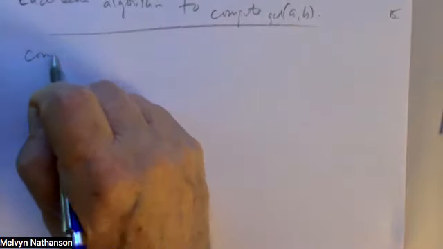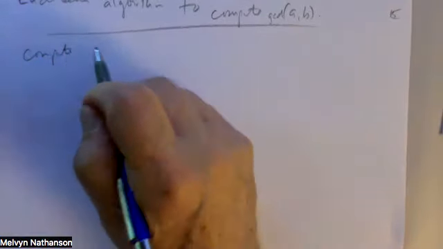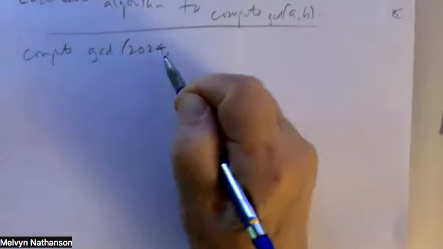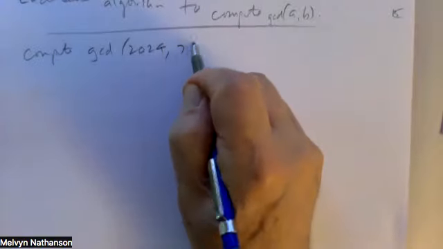So maybe I'll follow the text and start with an example. Suppose we want to compute the greatest common divisor of 2024 and 748.